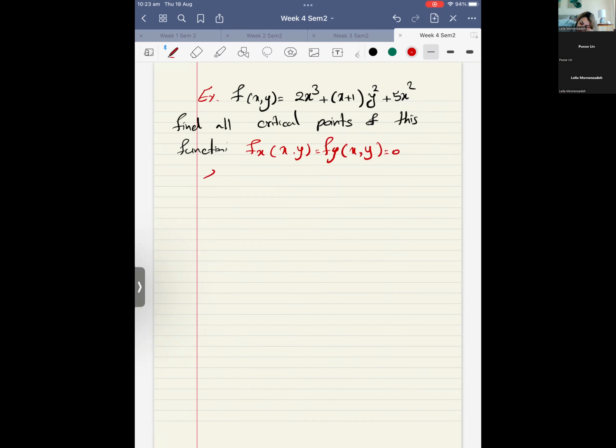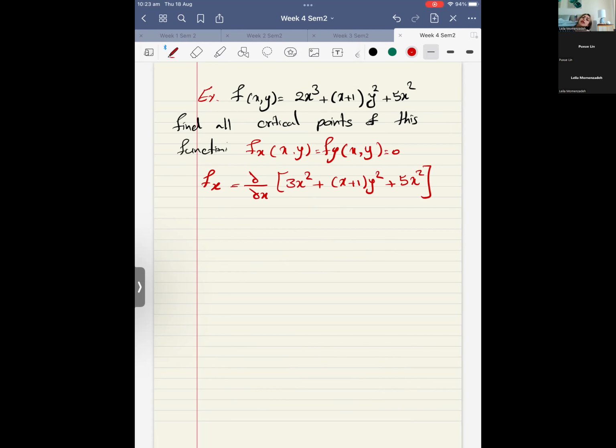Okay, fx is the partial derivative with respect to x of (x3 plus x plus 1) y squared plus 5x2.